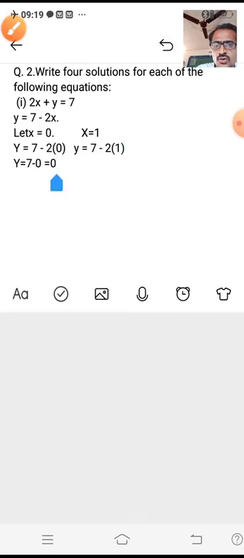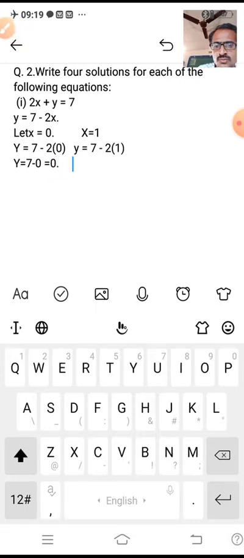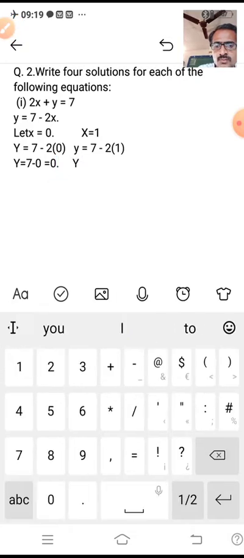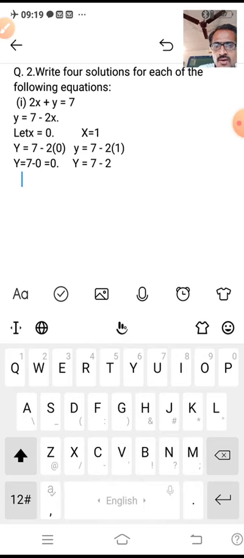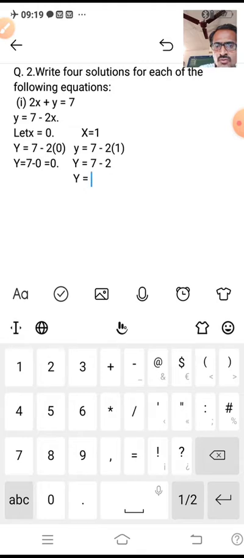So here we'll have y equals 7 as it is, minus 2 ones are 2. Now we'll have the value of y, 7 minus 2, how much? 5.